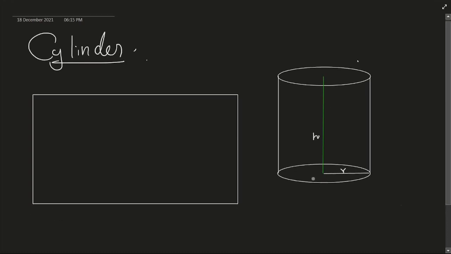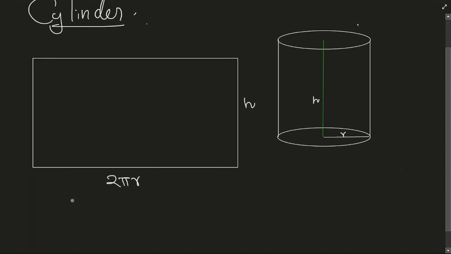This length will be the boundary length of this circle. What is the formula to find the circumference of a circle? 2 pi r. That means this length will be 2 pi r, and this is the height. So the area of this rectangle will be the curved surface area of the cylinder.